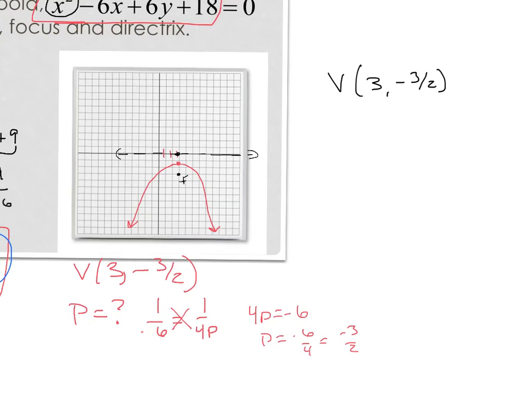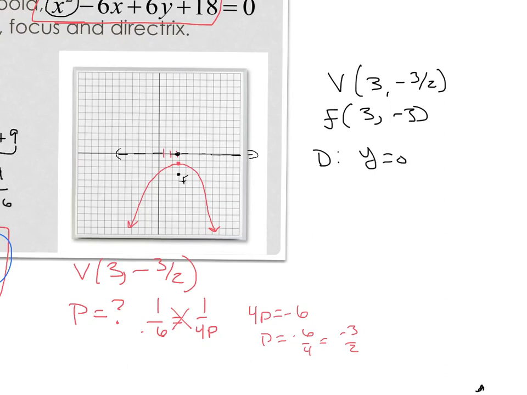So if I take -3/2 and add another -3/2 to that, that means my focus is going to be 3, -3. I'm moving 3/2 down from the y value, and I'm moving backwards 3/2, so that means my directrix, I look at where I graphed it, is y is equal to 0.